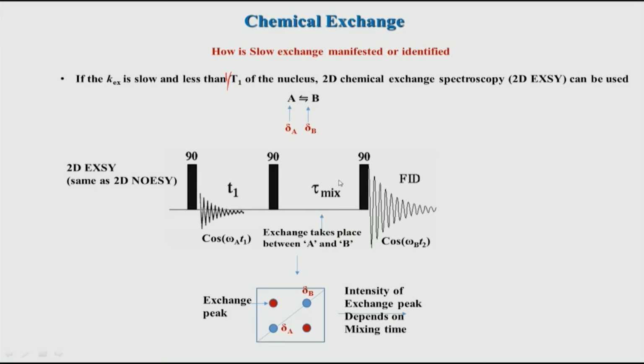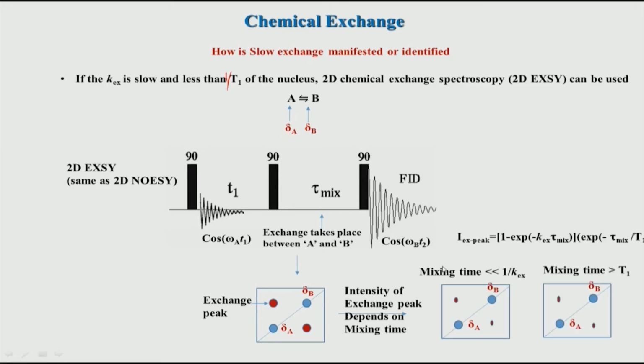But if I give a very long mixing time, then the T1 relaxation of A and B will start happening, and therefore I cannot give too long a mixing time, nor too short, because if I give too short, this peak will be very weak in intensity. If I give too long, again it will be weak in intensity because of the T1 relaxation.